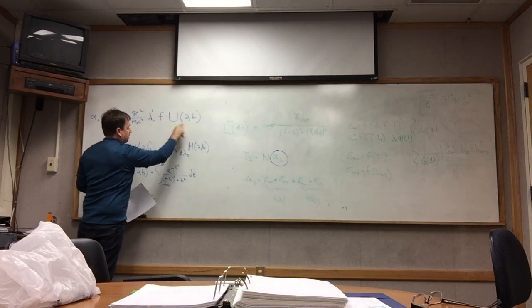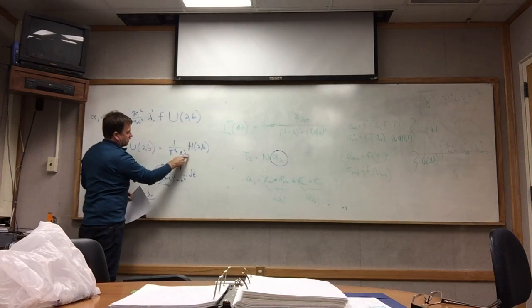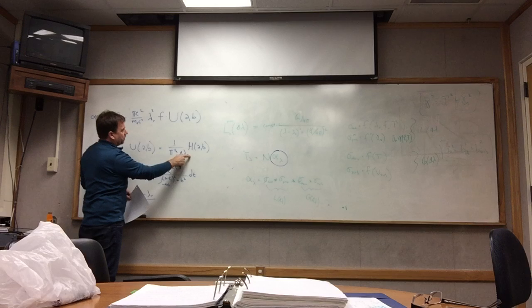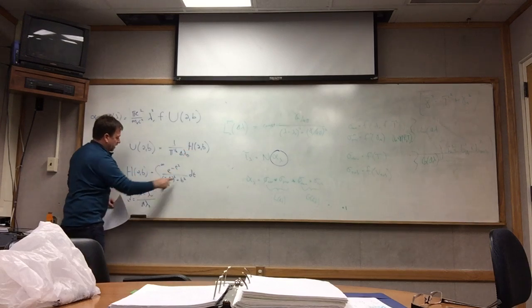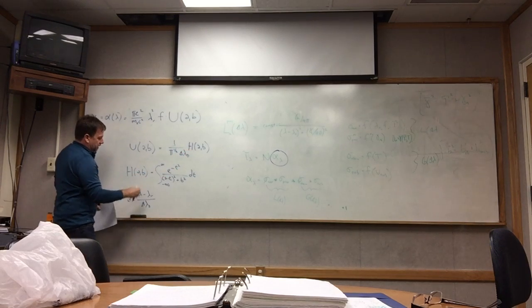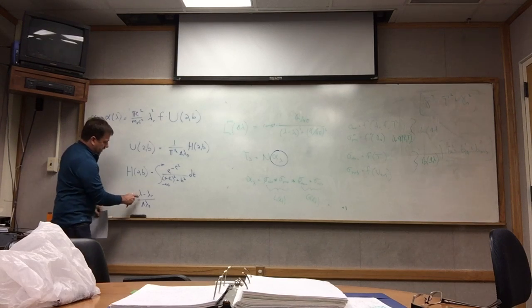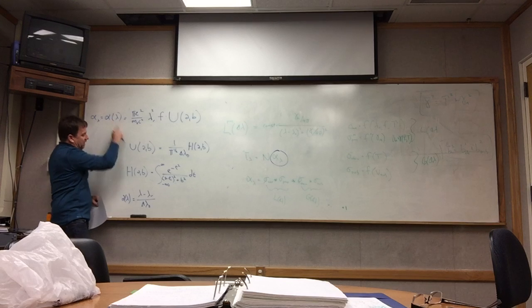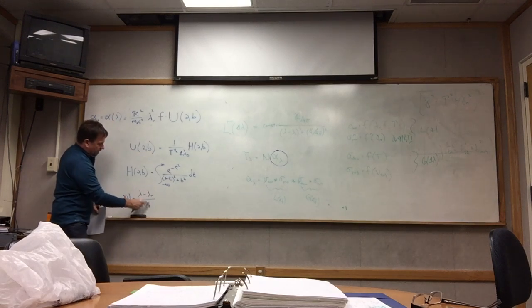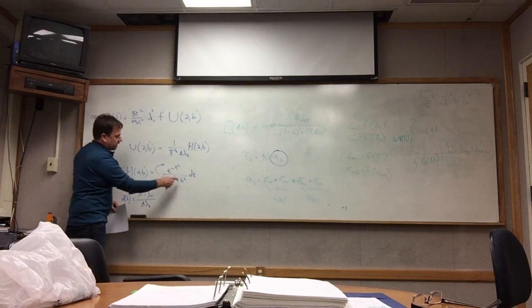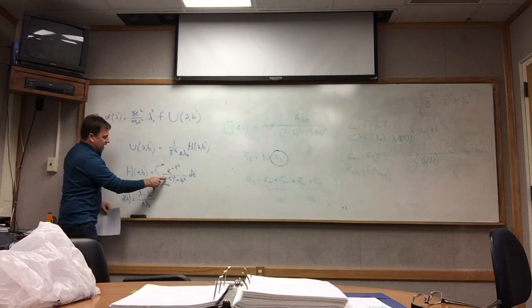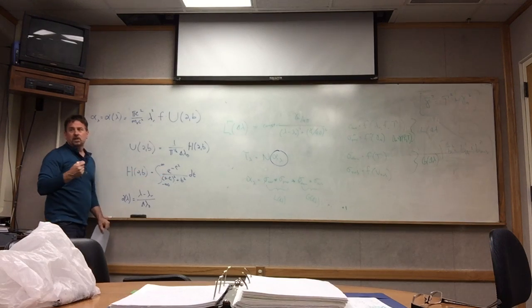This is a function of a and b, which is normalized by the Doppler width, and then this integral at a and b. A is basically a of lambda. So at that lambda, you evaluate a and you plug it in. So basically this a is the lambda variable.